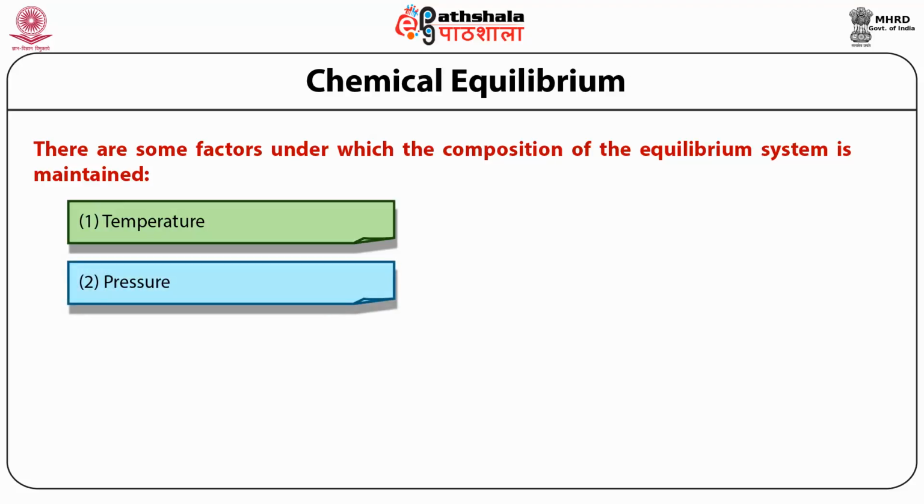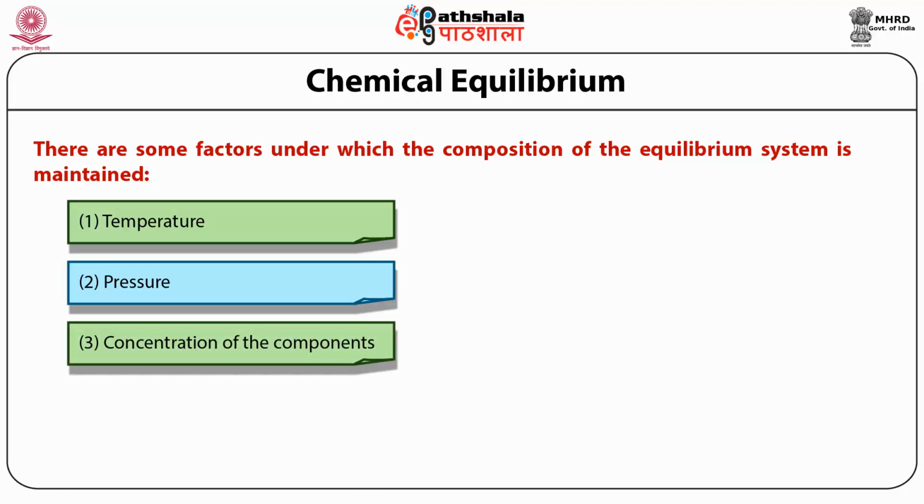If the pressure of the system is doubled, thus halving the total volume, the two sides of the equation are equally affected and so the composition of the equilibrium mixture remains unchanged. Concentration of the component. If hydrogen is added to the equilibrium mixture resulting from the thermal decomposition of hydrogen iodide, it is found that more hydrogen iodide is present when equilibrium is restored.